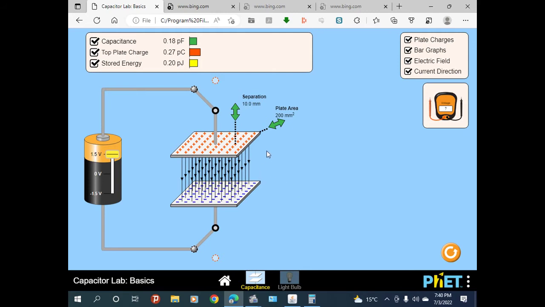Therefore in this condition, the supplied voltage is 1.5 V, and the capacitance is 0.18 picofarad.